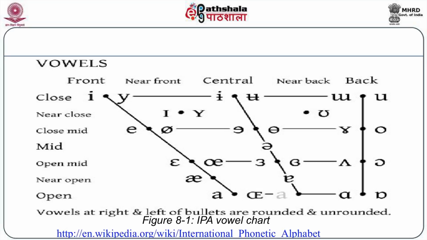One, the differences in the height of the vowels; the other, differences in the position of the tongue, front, center or back, involved in producing the vowels; and number three, the roundness of the lips. The chart contains ideal vowels that the human vocal tract system can produce and that are perceived as distinct from one another.